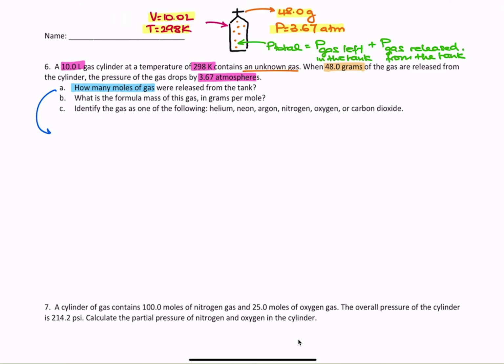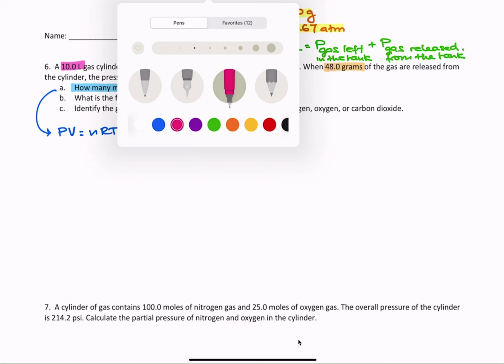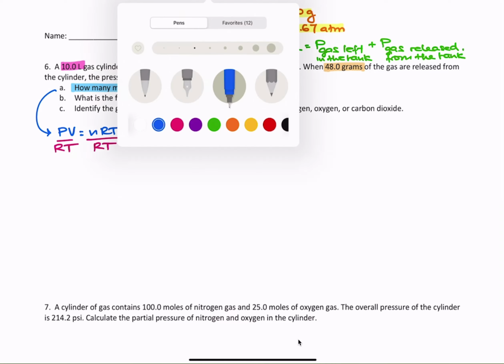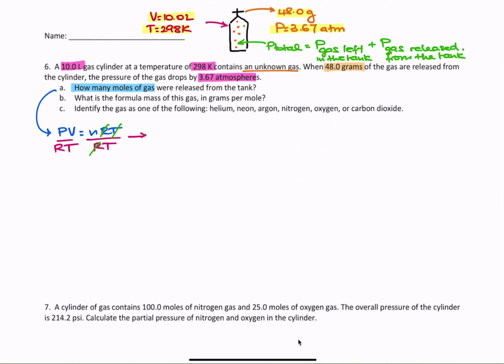So we have one volume, one pressure, one temperature, so we're going to use PV equals nRT and solve for n. To solve for n, we divide on both sides by RT. Therefore, the R cancels, the T cancels, and we get n equals PV over RT.